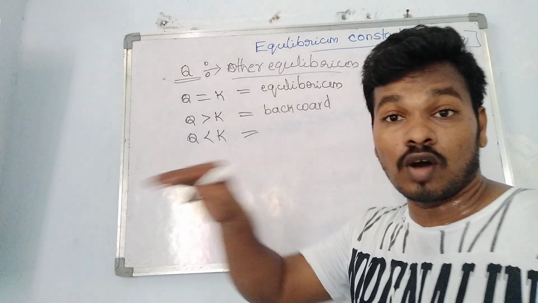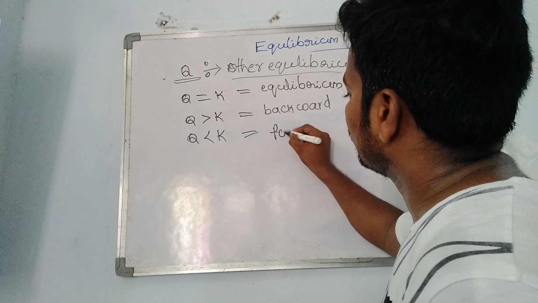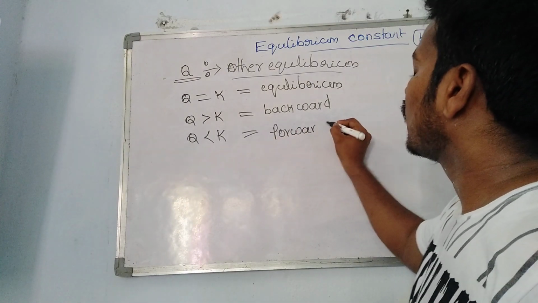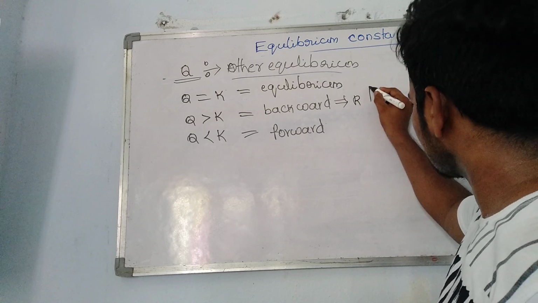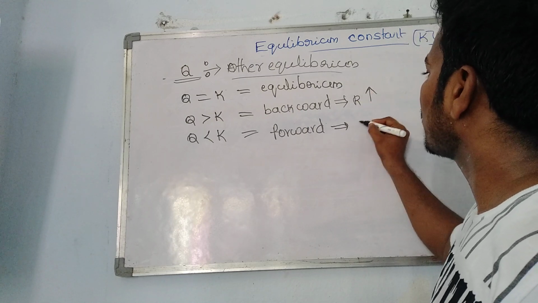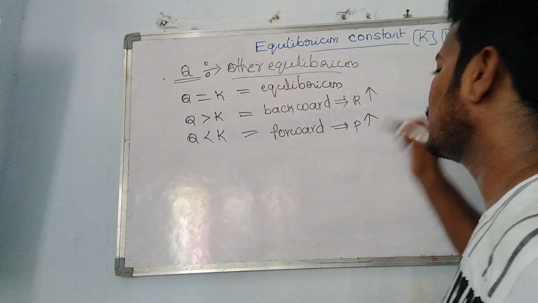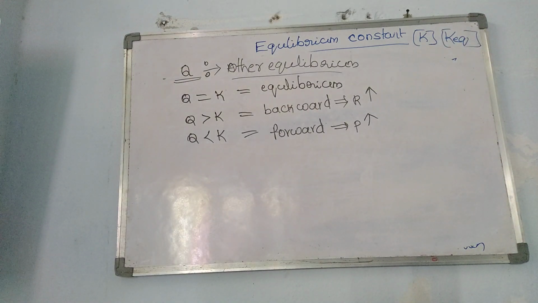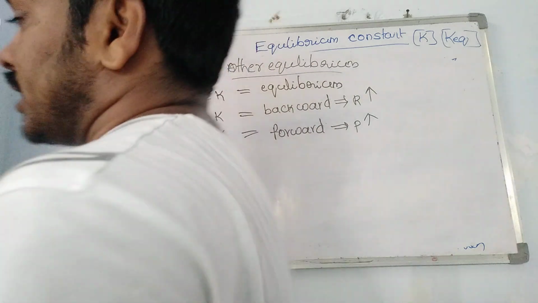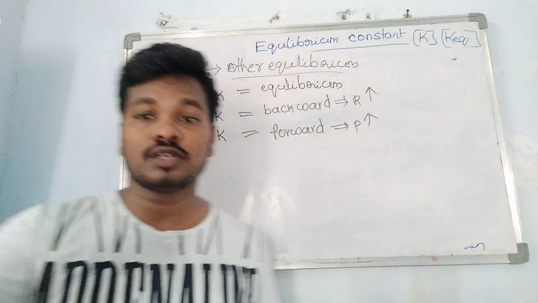In the backward reaction, reactant concentration will be more; in the forward reaction, product concentration will be more. By using this, you can easily identify whether the reaction is going backward or forward, and whether the reactant or product concentration is more.